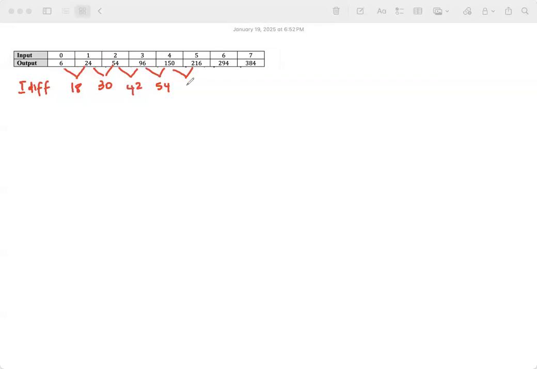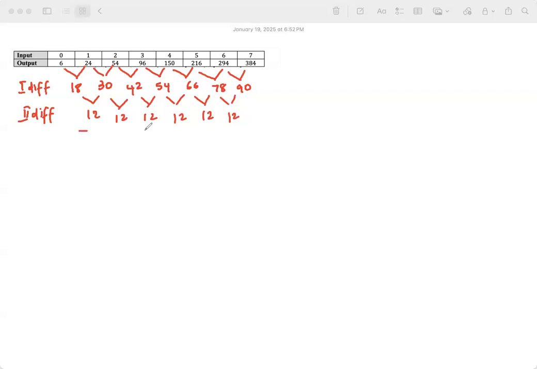Then 66, 70, 74, 78, and this one is 90, right? Now I'll calculate the second difference. What is the second difference? The difference between these. See? Do you see a pattern?